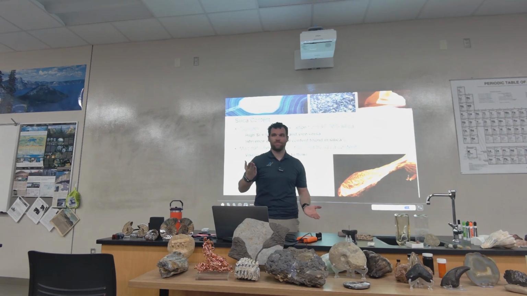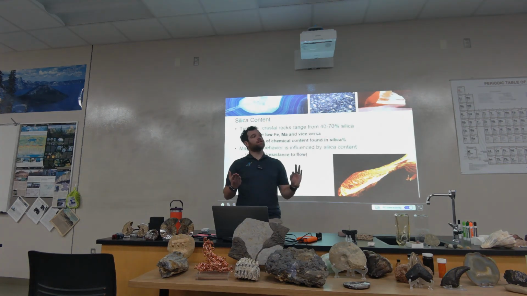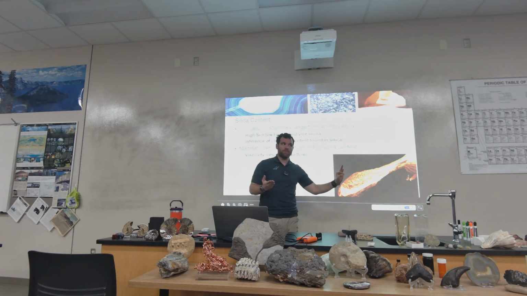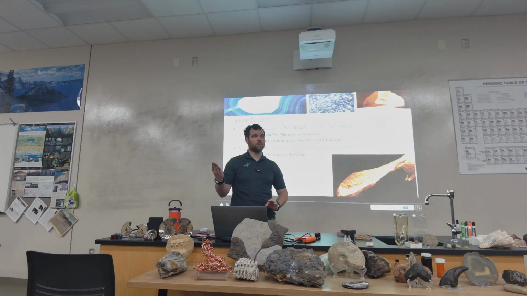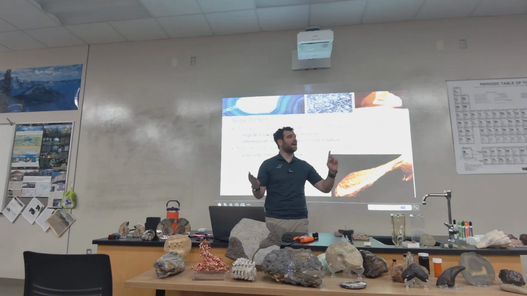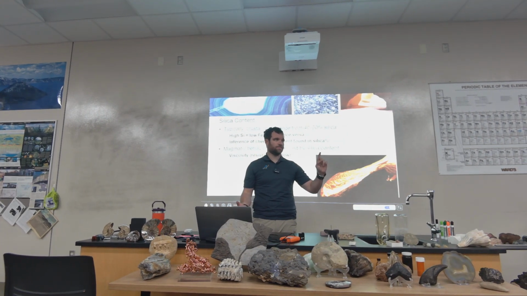Someone take a stab. Can you repeat the question? If a substance is low in iron and magnesium, but high in silica, what composition is it? Mafic? That's the other way. Mafic is high in iron and magnesium and low in silica.